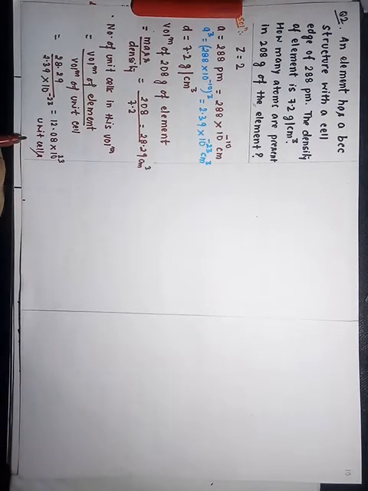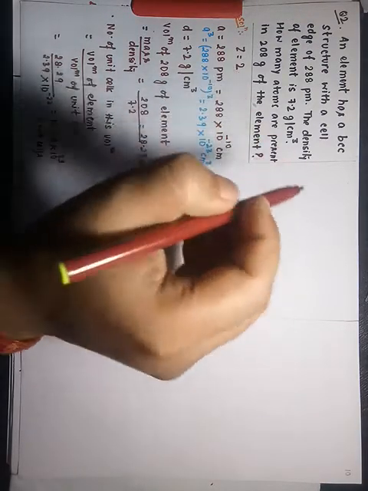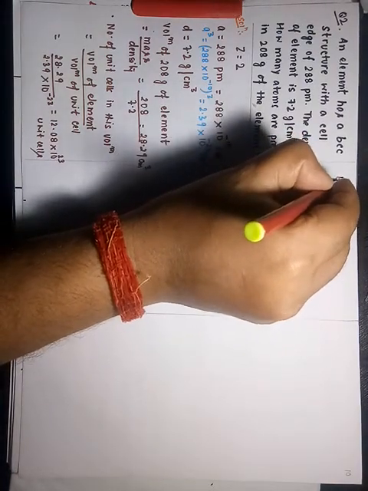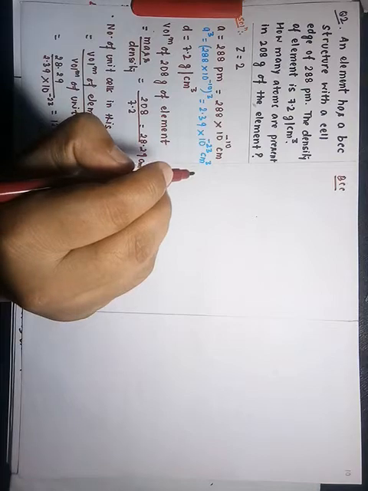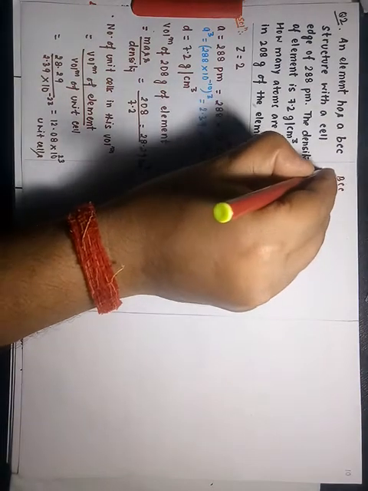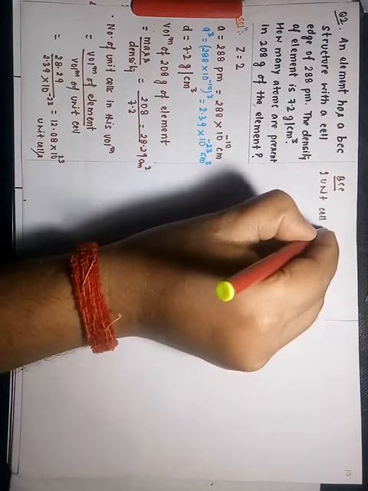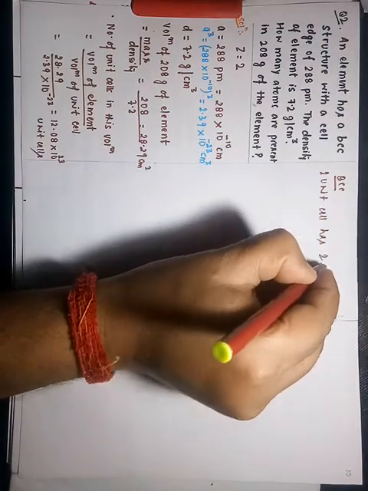So we have calculated the number of unit cells by the formula volume of the element by volume of unit cell. This gives us 12.08 into 10 to the power 23 unit cells. Since it is case of BCC, we know that one unit cell has how many atoms, students? 2 atoms.